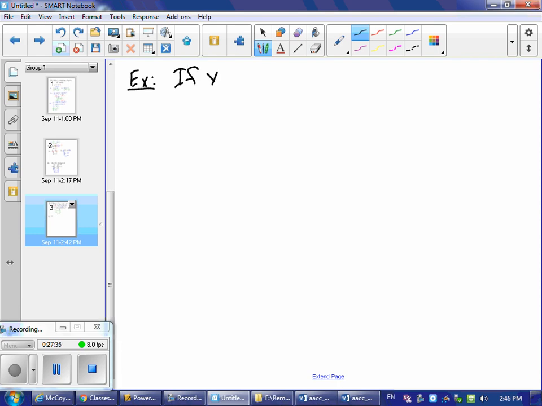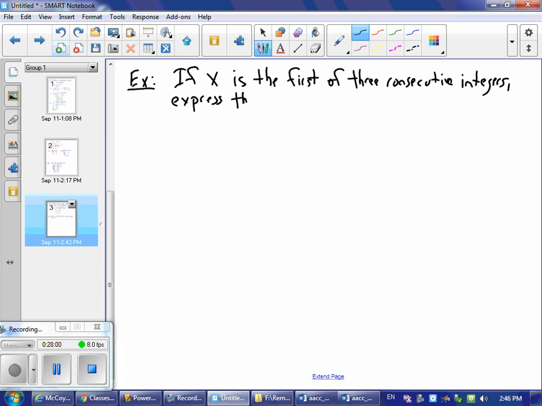It says, if x is the first of 3 consecutive integers, express the sum of the 3 integers in terms of x. Okay, a lot of vocabulary.